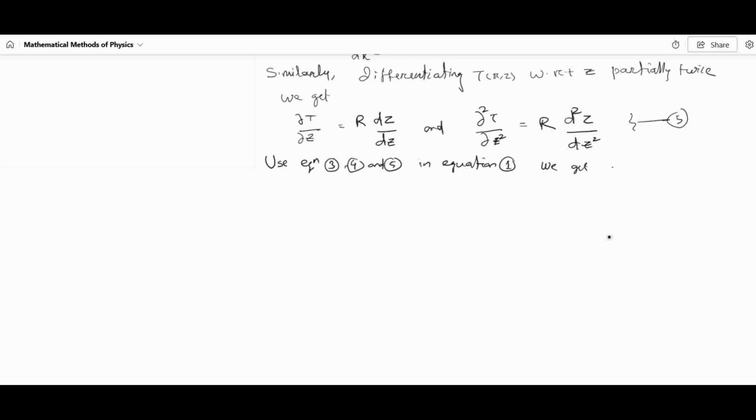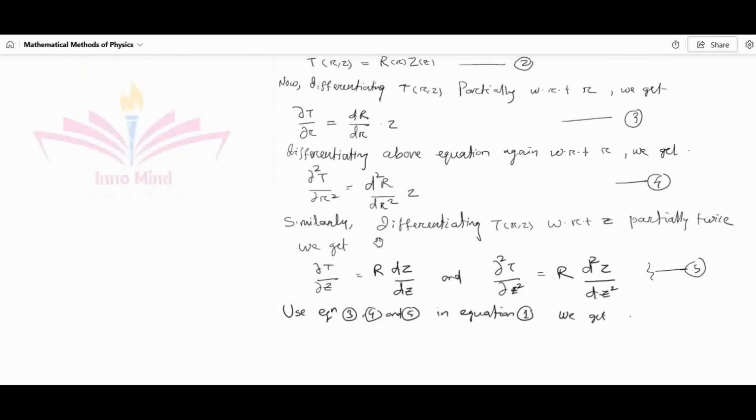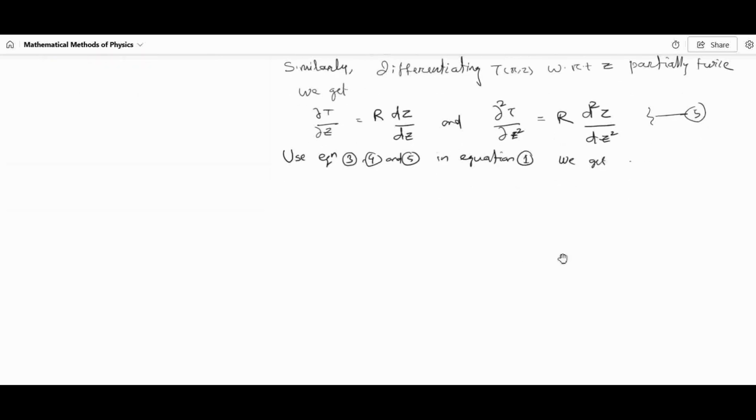See, the first term is del square T by del r square. Second term is 1 by r into del T by del r. Third term is this one. So let us write it. First term is d square R by dr square into Z plus 1 by r into dR by dr into Z plus R into d square Z by dz square equal to 0.